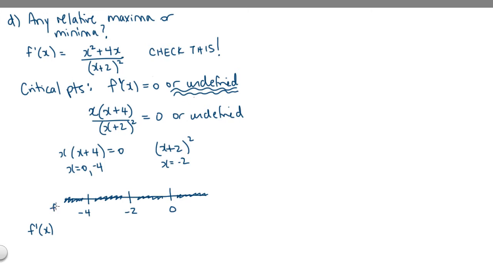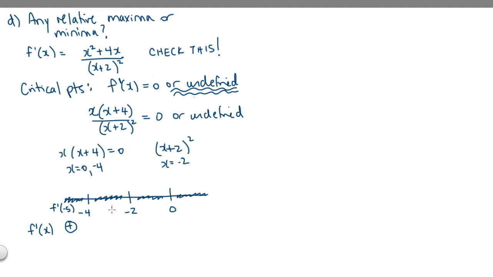We're going to plug that into our derivative and figure out the sign. If we plug -5 into our derivative, we come up with a positive value. So f prime of x is positive, and because f prime of x cannot change signs anywhere except at these critical points, we know f prime of x is positive on this entire interval.